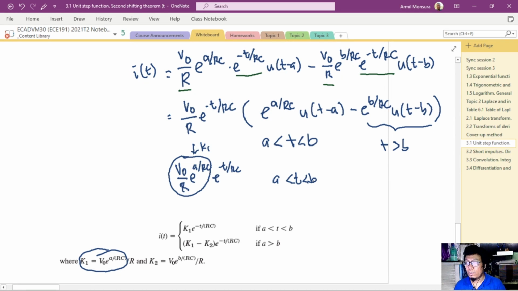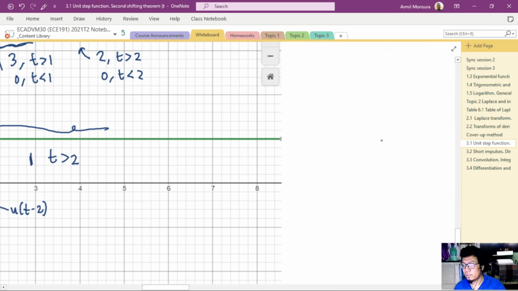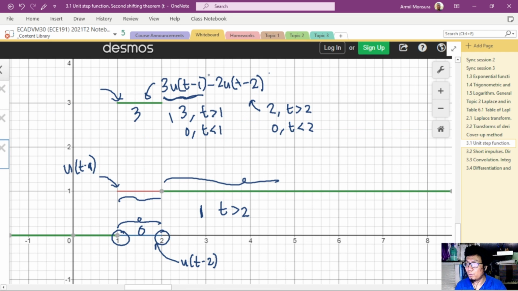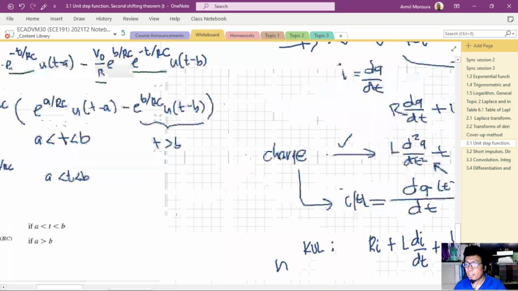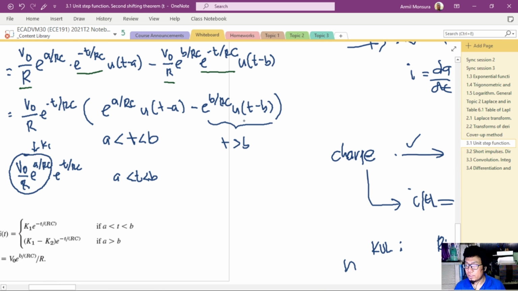Now, for t greater than b, this second term now gets subtracted. Again, the effect of this term would only be felt when t is beyond this value, when t is greater than b.